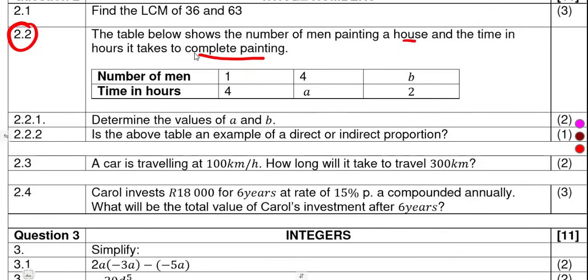The number of men are painting a house, so the house that they are painting becomes constant. We are going to compare according to the house: there are few men painting the house, and there are many men, in terms of the hours they are going to take. How is it going to be?